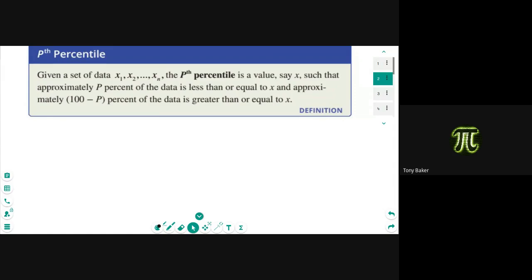A percentile is a value that says that percent of data, a percentage of data, is less than or equal to that point. If you're in the 95th percentile, that means 95% of all the data are below you. If you're in the 60th percentile, it means 60% of the people are below you.